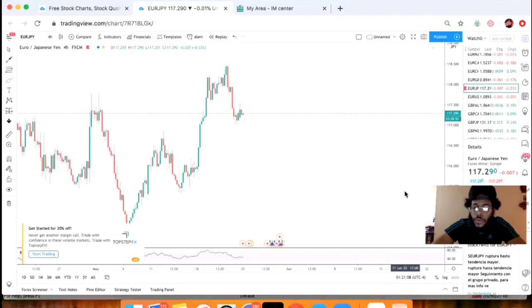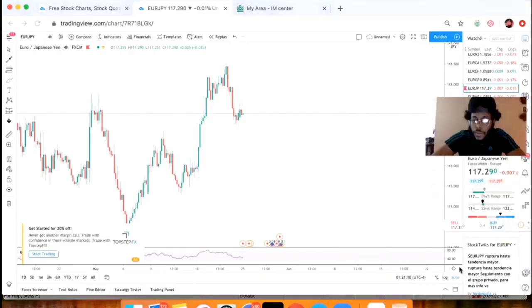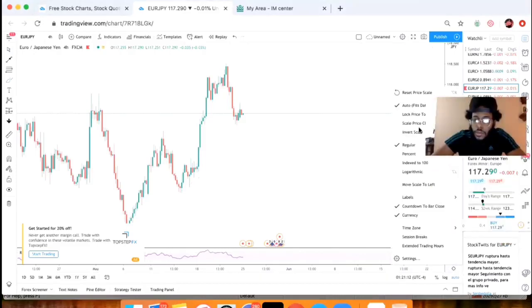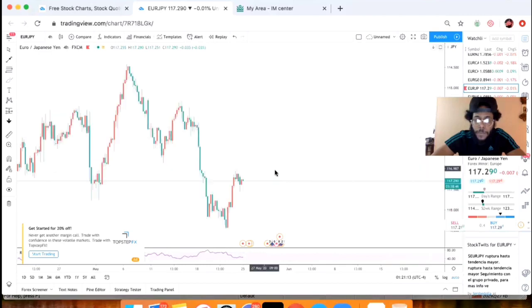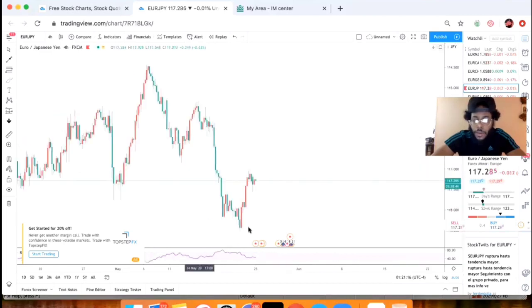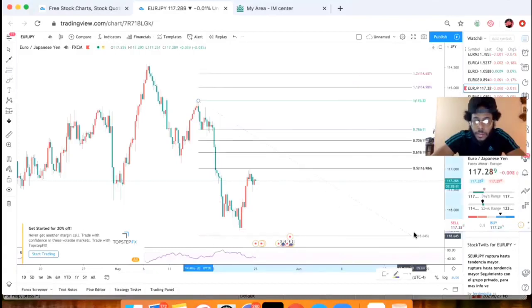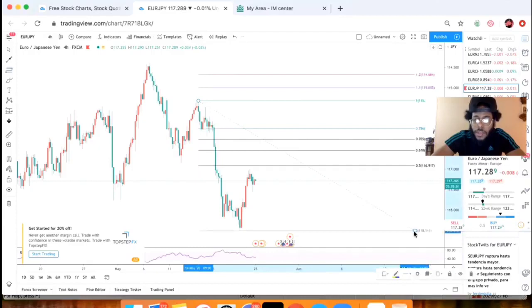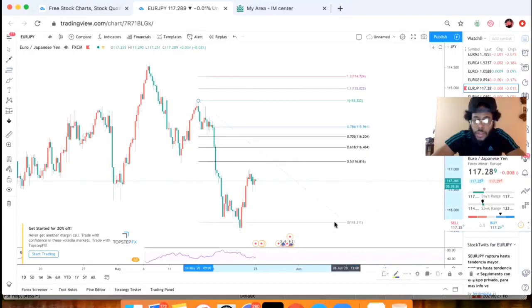We can do it from the bottom to up too. So if I flip the scale into inverse, now we have this move down. We can draw the fib from the top all the way down, and now it lets us know where those areas are.